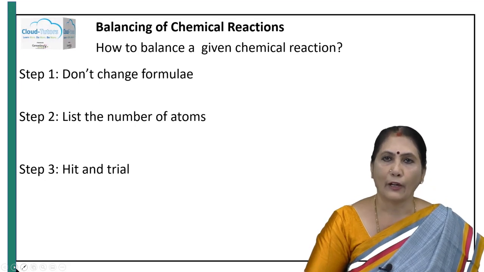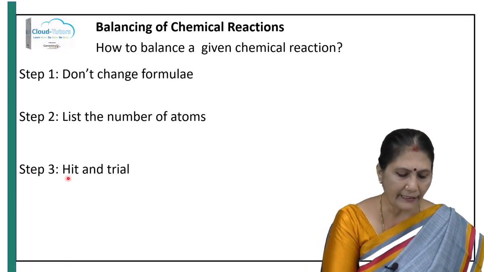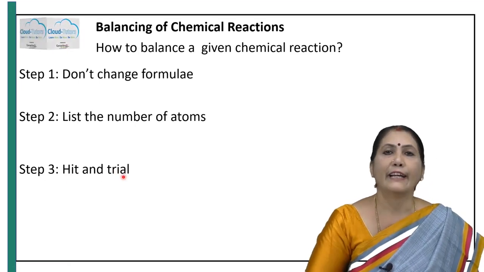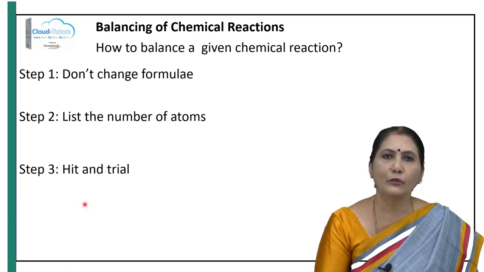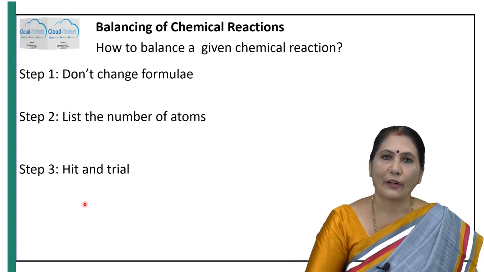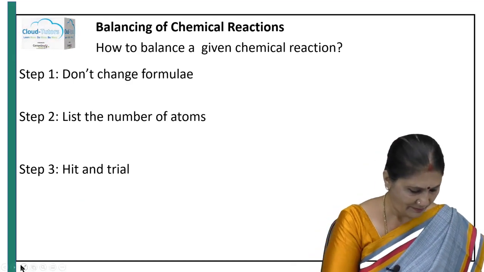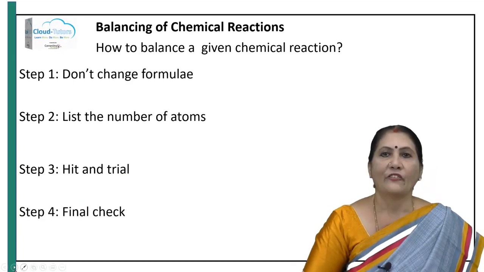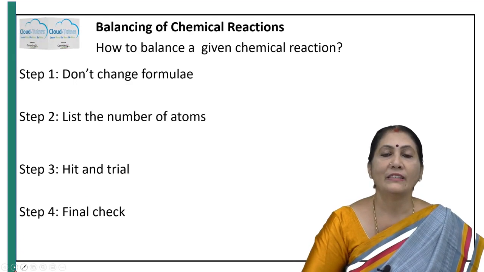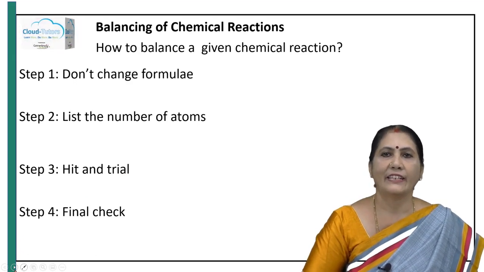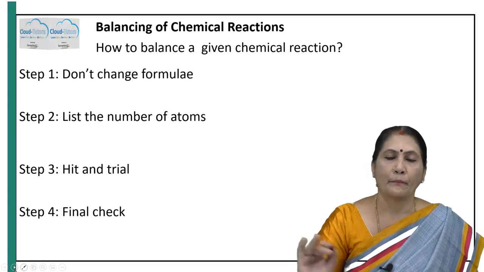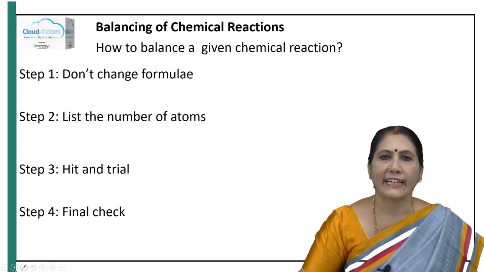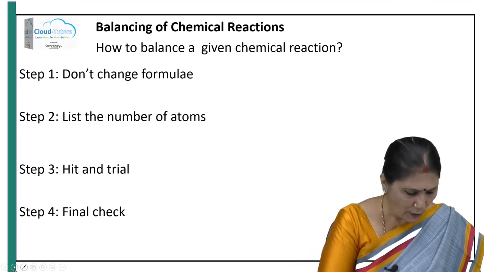Next, you have to adopt the hit and trial method for making the number of atoms on the reactant side equal to the number of atoms on the product side. Finally, you have to check whether all the atoms are balanced on either side of the reaction.